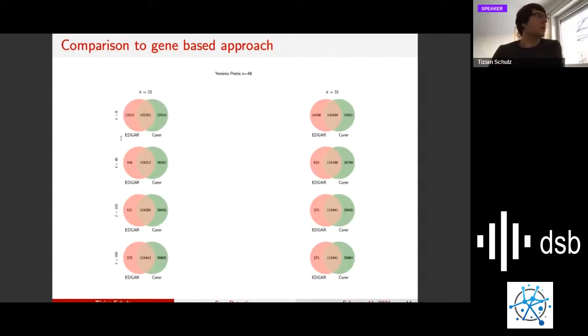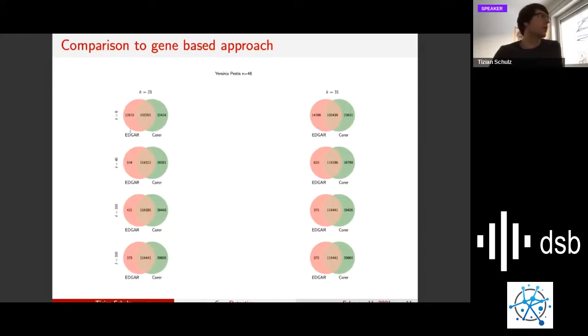So what can we see? First of all, we see if we don't use any delta, for this data set, our result is already not too bad. So we have a quite large overlap between the gene-based approach and our approach. But we can still improve a lot if we only use a small delta value here.